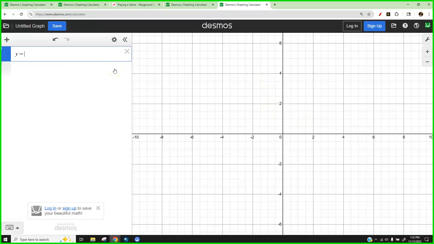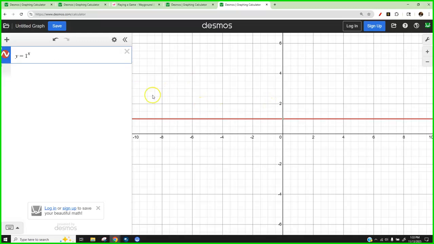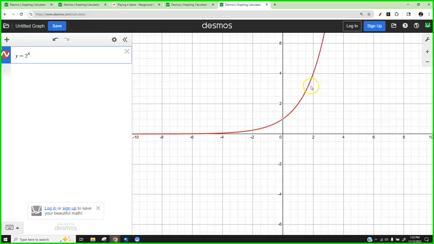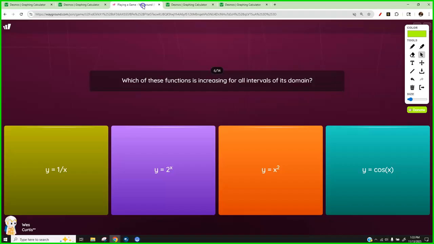Well, in this unit, we talk about stuff like a number to the x power. And you wouldn't want a base of 1 because that wouldn't change, but take 2. This function is increasing the entire time. Go as far back as you want to go, and it is increasing.